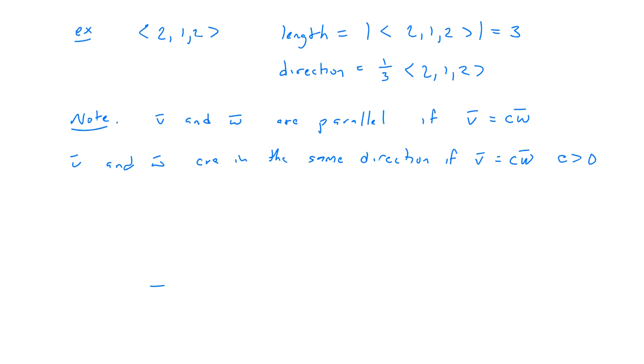And they're the same direction if one is a constant multiple of the other, and that constant multiple is more than 0. So here it really is, if you get the unit vector, they have the same unit vector.